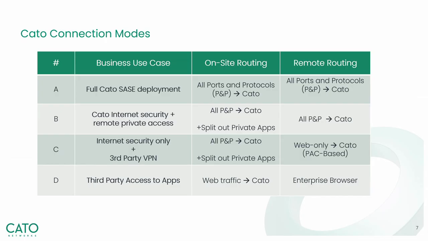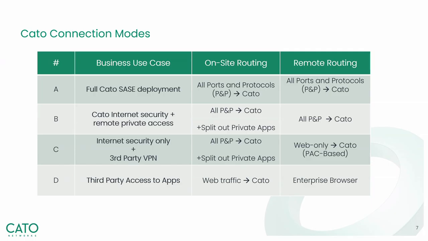When I say Cato SASE deployment, irrespective of internet traffic or private traffic, the Cato client will work in full tunnel mode. That means all the ports, all the protocols will be sent out to Cato. And from there, Cato will route it to the respective private application or public application, or you talk about the internet or SaaS.